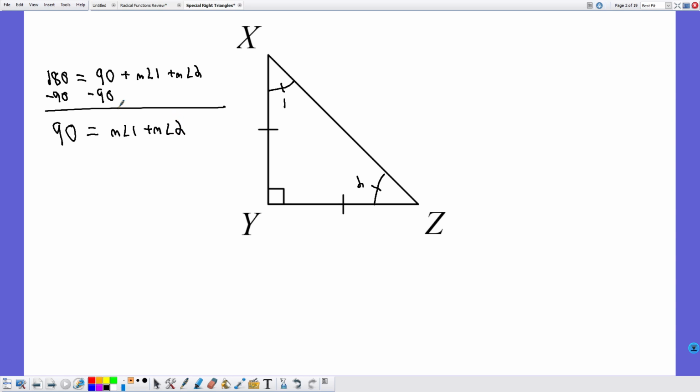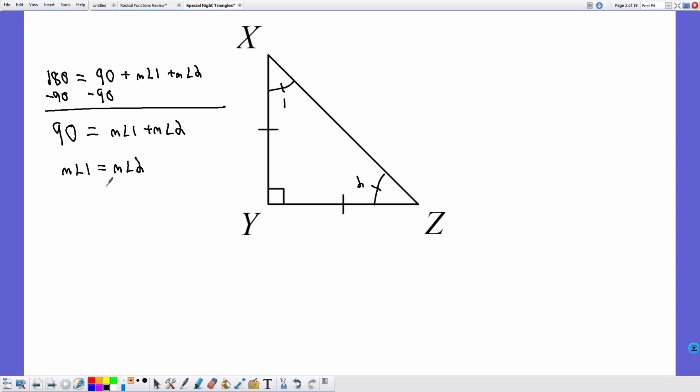But both of those measures are the same. Since the triangle is isosceles, the measure of angle 1 is equal to the measure of angle 2. Then we only have one possibility. What number added with itself gets 90?